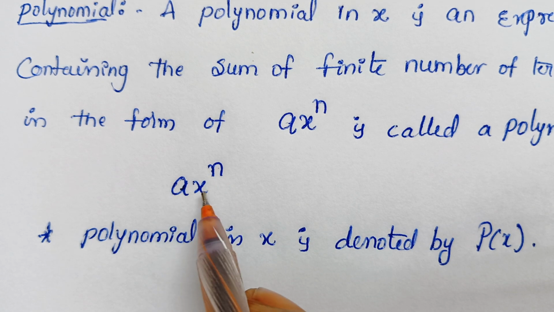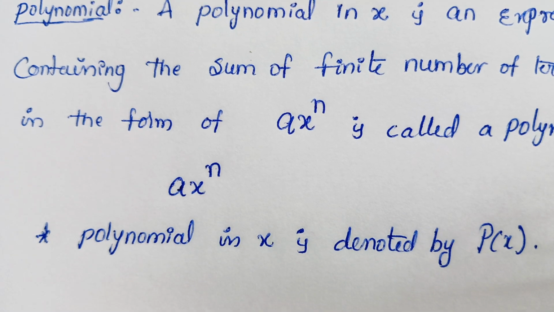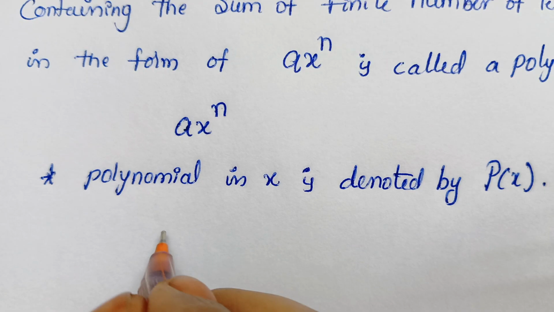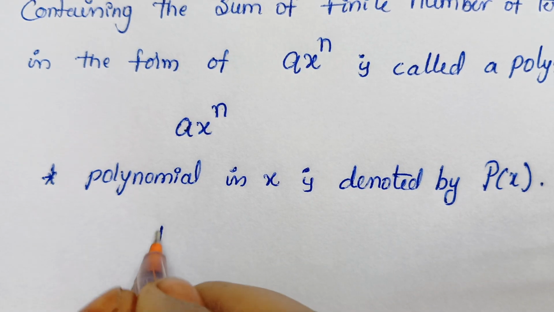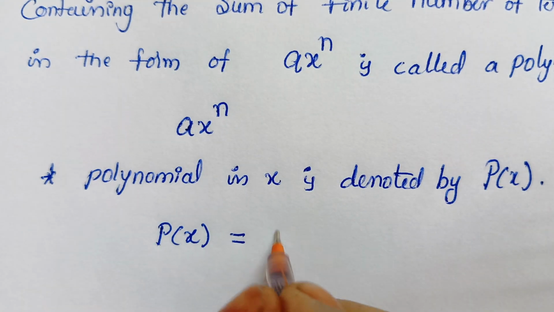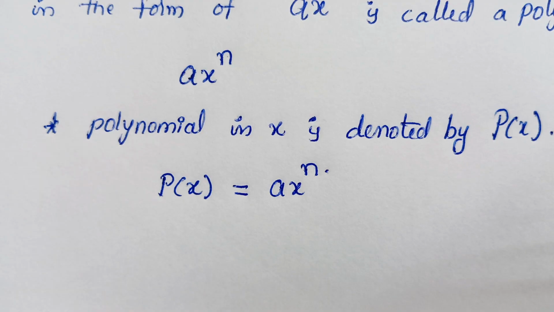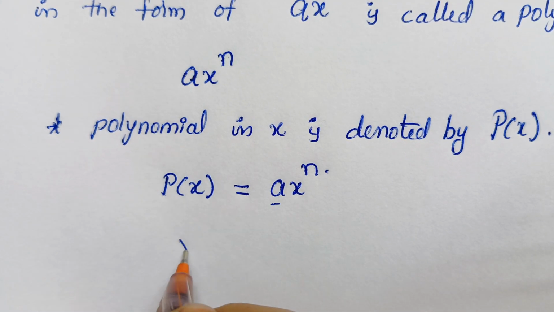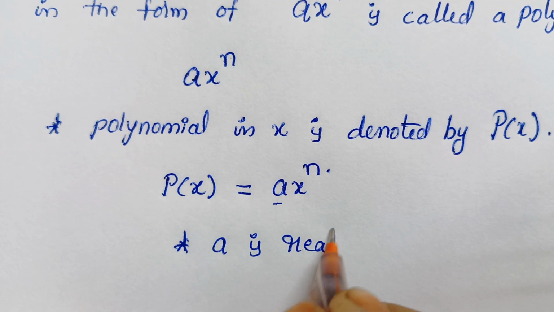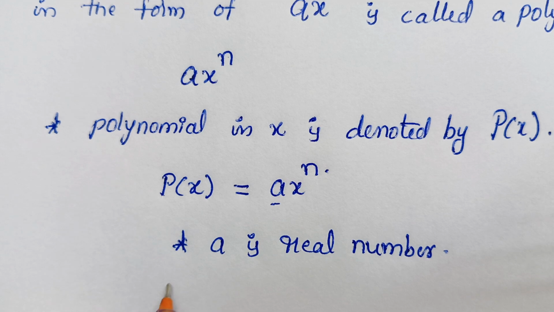What is a, what is x, what is n? If we know this, we will clearly understand what a polynomial is. So this polynomial in terms of x is equal to ax power n. Here, first of all, a is a real number and a is not equal to 0.